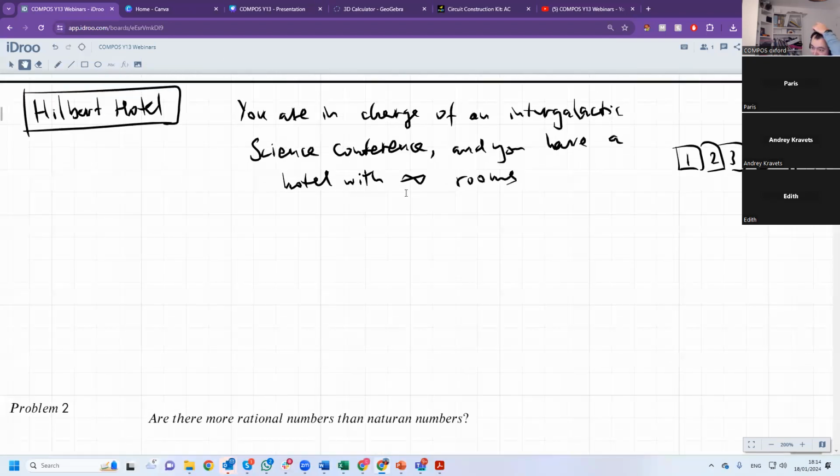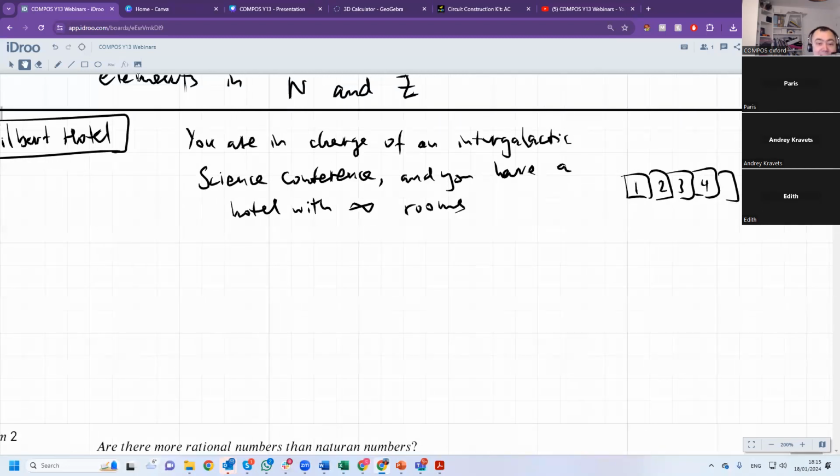And an infinitely sized bus arrives, which carries infinity guests, and you give them all a room.